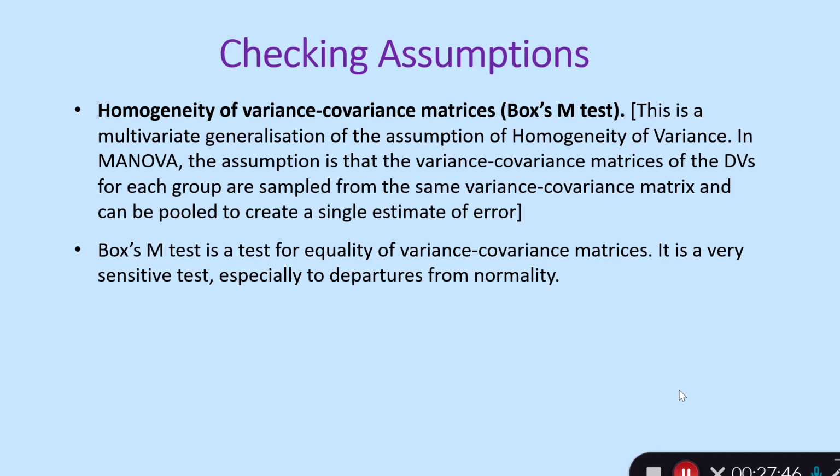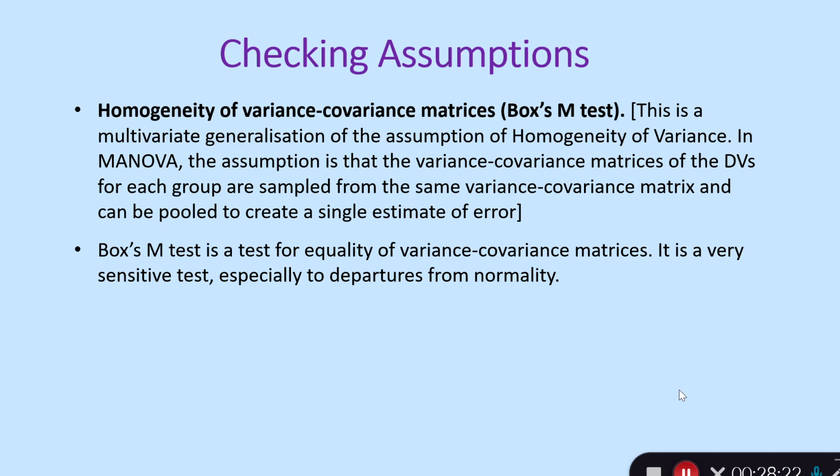So the rule of thumb for Box's M is we adjust the level of significance down from 0.05 to 0.001. If it's less than 0.001, then we would say we had a significant Box's M test and we couldn't assume equality of variance-covariance matrices. But if it wasn't significant, then we're probably safe to assume equality of variance-covariance matrices.